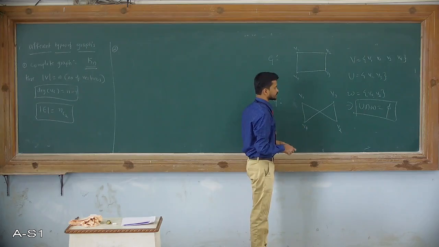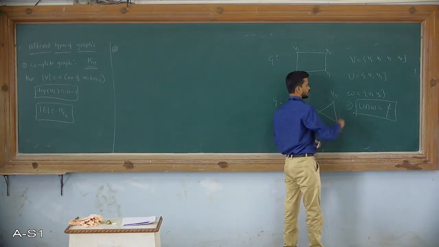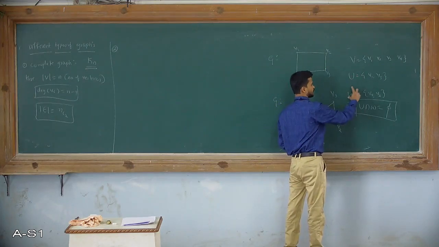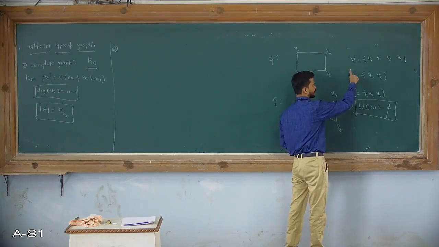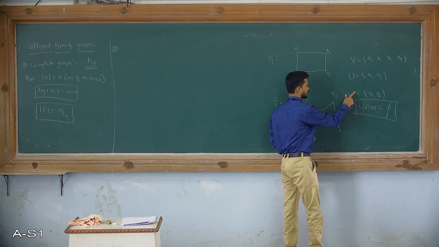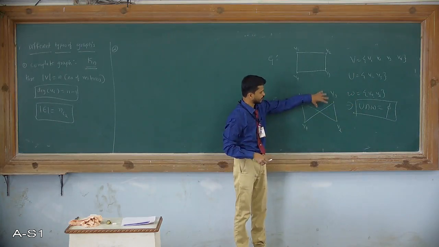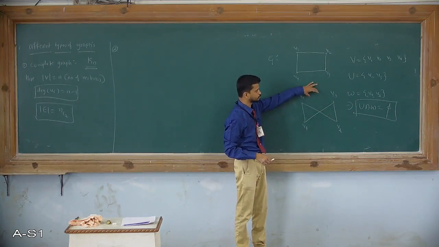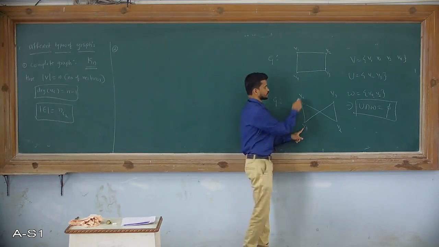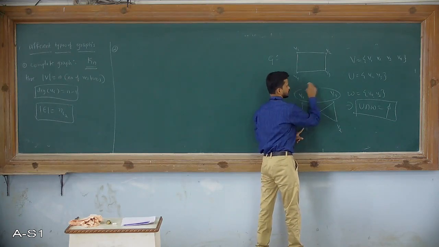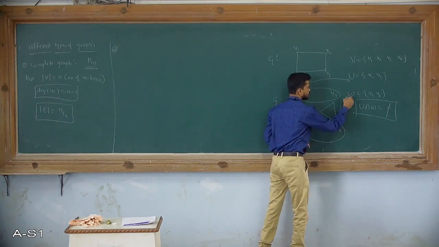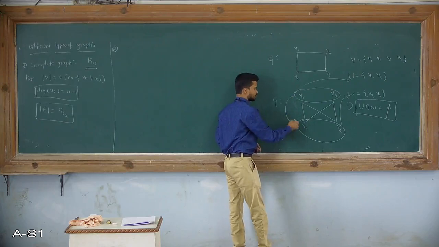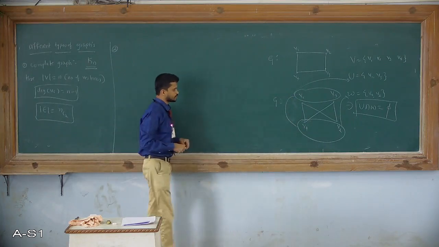But the edge exists from vertex set U to vertex set W. I will repeat it once again. An edge exists between vertex set U and vertex set W, only between U and W. So V1 and V3 correspond to U, and V2 and V4 correspond to W. Therefore edges exist between these sets of vertices.